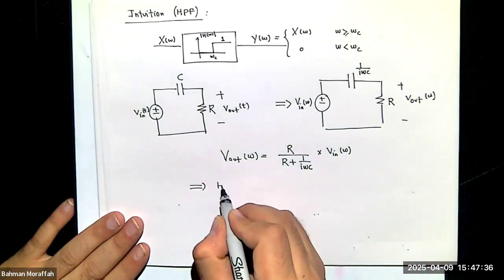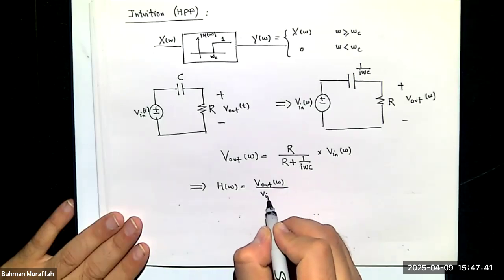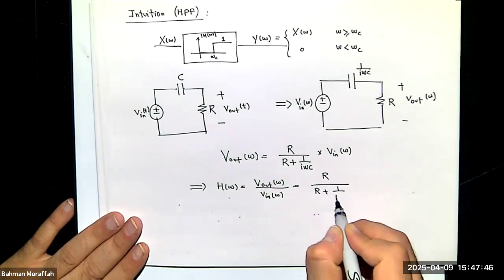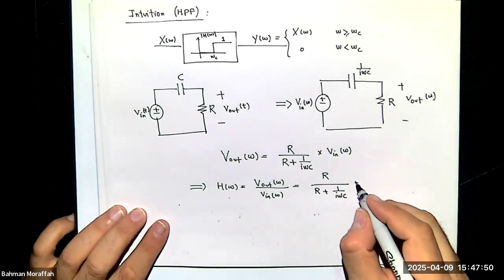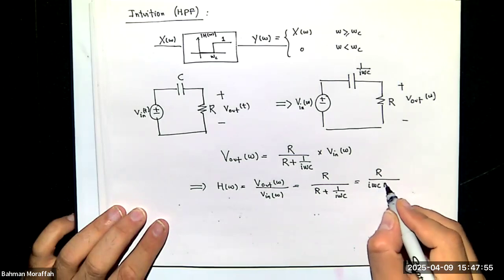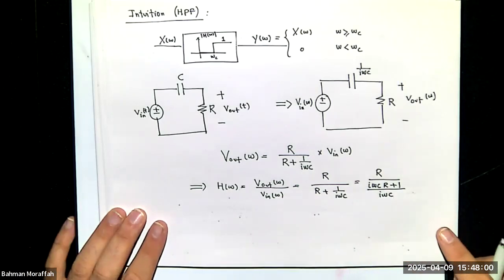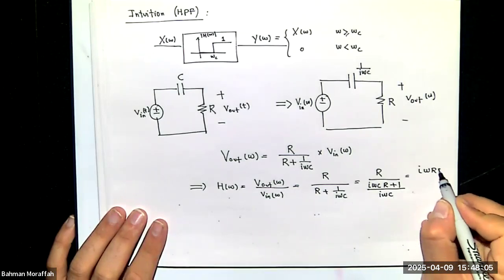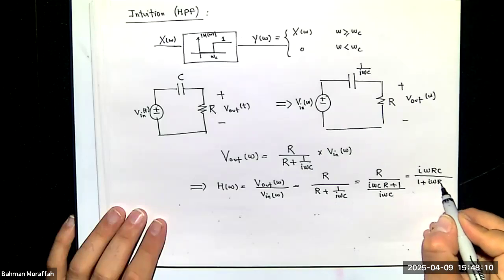If I look at H of omega, which is V out of omega divided by V in of omega, that is R over R plus 1 over i omega C. Let's simplify this a little. I have R divided by i omega C times R plus 1 divided by i omega C. I have to take this to the top, so I get i omega RC divided by 1 plus i omega RC.